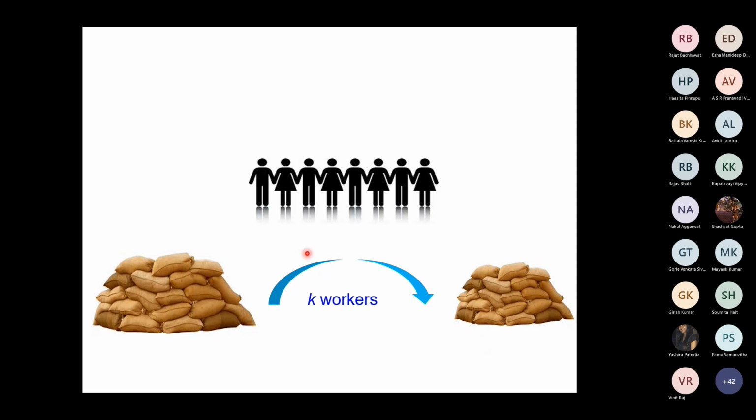One possibility is that one worker approaches this pile, takes one bag here, and carries it to the destination and drops it here. The second person comes and does the same thing. So that's one possibility, right?